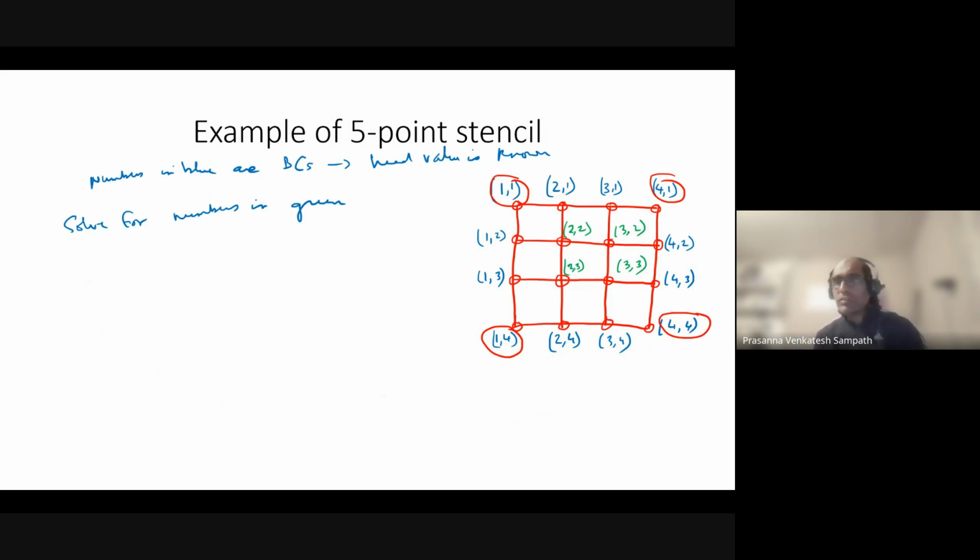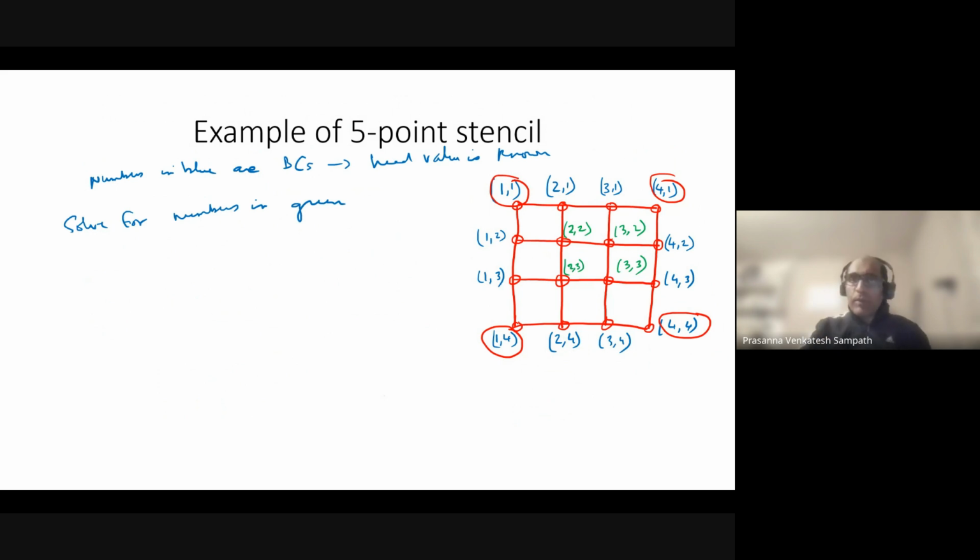How do I go about this? Nobody? Okay. So what we are going to do is we are going to do the simple 5-point stencil approach and try to solve for these 4 values.